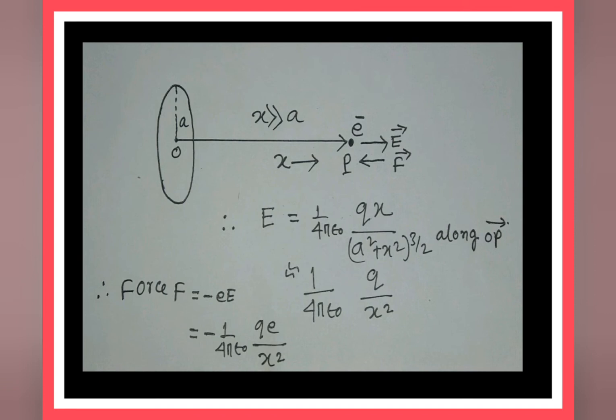Therefore, the electron again moves towards the center from left to right, and the motion is repeated. Hence, the motion of the electron is oscillatory in this condition, but the motion is not periodic because the force is not directly proportional to the displacement of the electron.